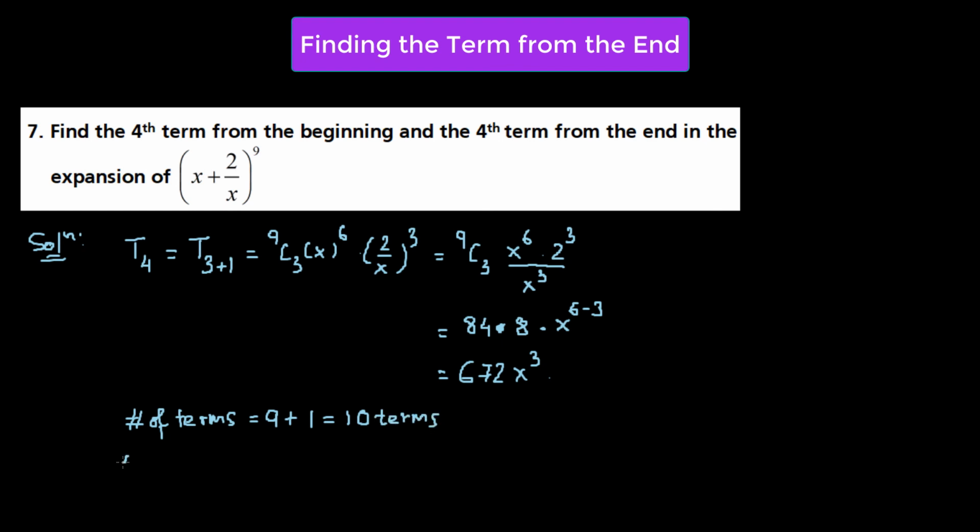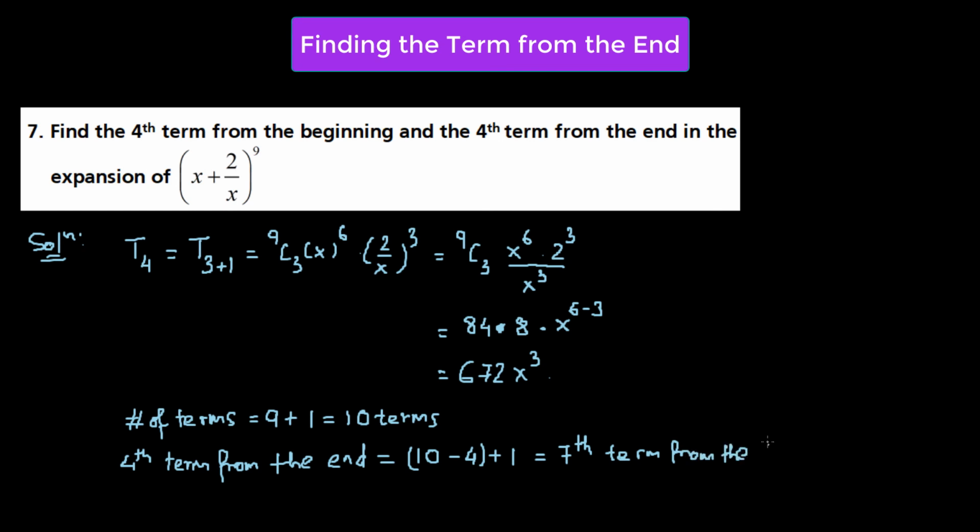Now, the fourth term from the end is going to be equal to 10 minus 4 plus 1. So 10 minus 4 is 6, and 6 plus 1 gives us 7. So we have to find out the seventh term from the beginning. It's the same thing.